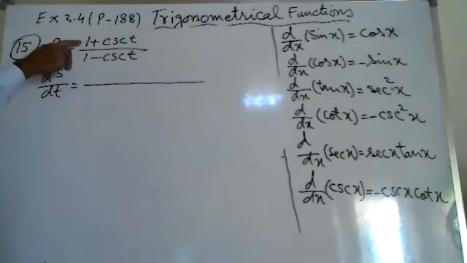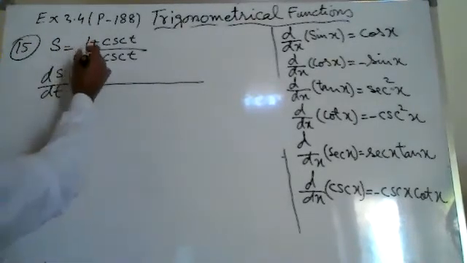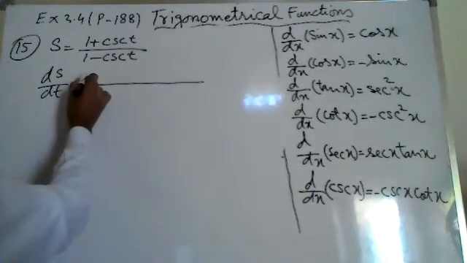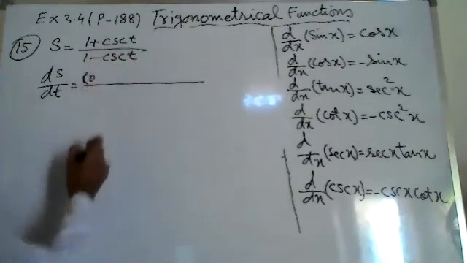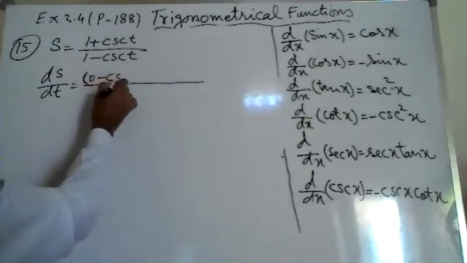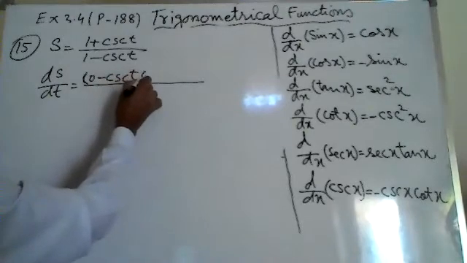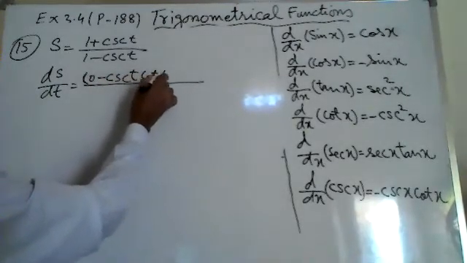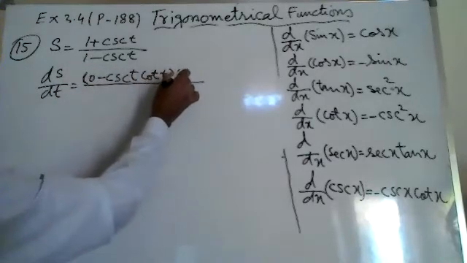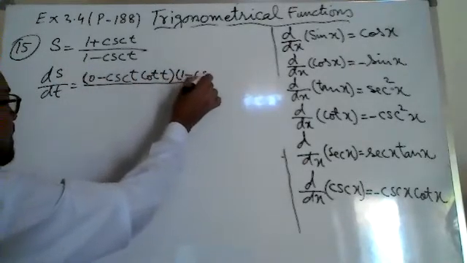Derivative of the numerator: derivative of 1 will be 0 and derivative of cosec t will be minus cosec t cot t into the denominator 1 minus cosec t.